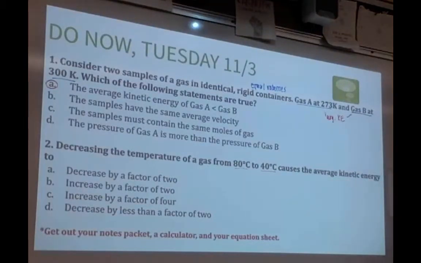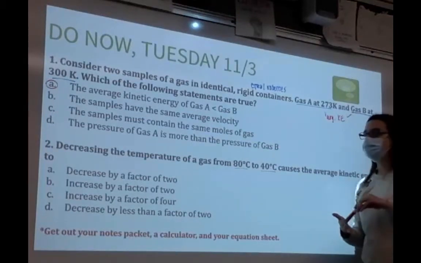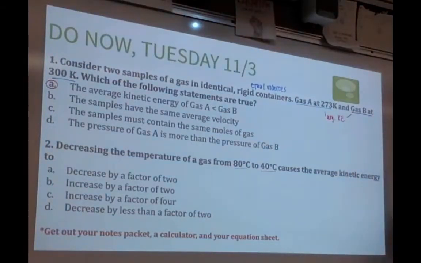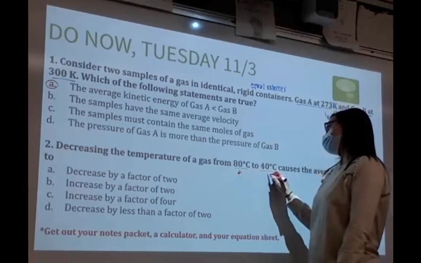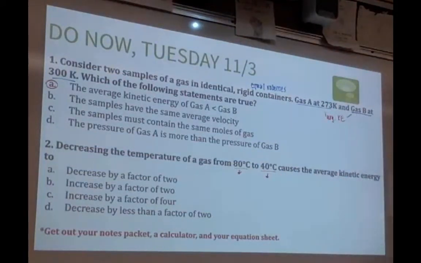because every variable in a gas equation is proportional to the absolute temperature scale, which is Kelvin, because absolute means that it doesn't have negatives. So in order to know how, in this case, average kinetic energy is affected, you have to convert these to Kelvin.